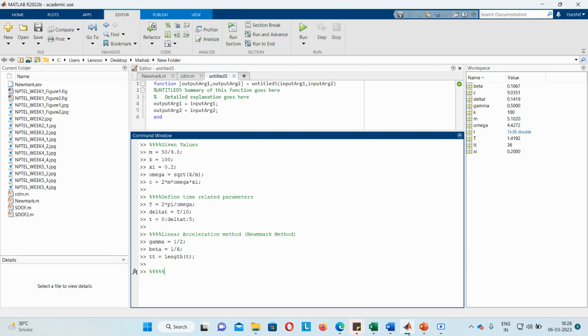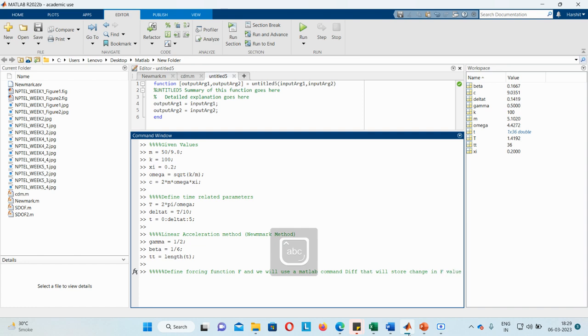So how do we define the forcing function f? We will use a MATLAB command diff that will store the change in f values.